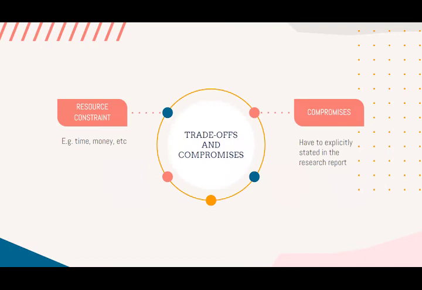Next we have trade-offs and compromises in a research design, because sometimes, because of the time and cost involved, a researcher might be constrained to settle for less than the ideal research design.